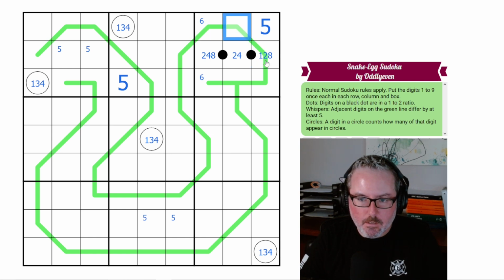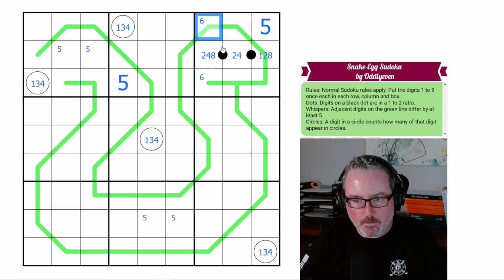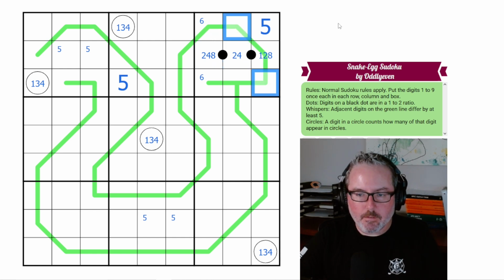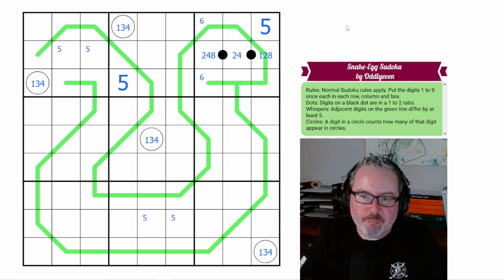So if this was 7, this would have to be either 1 or 2. But it couldn't be 1, because you'd have to do 1, 2, 4 here, and therefore you have nothing to put here. But you could put a 7 here and have this be a 2. The 1 could go up here, and this could be 4, 8, and that would work. So I can't rule out the 7 as much as I would like to do so.